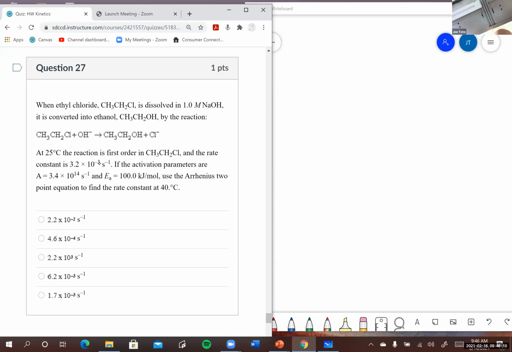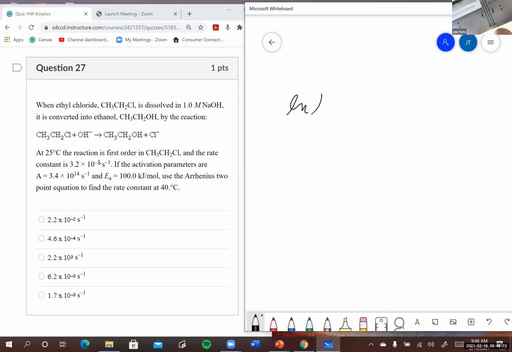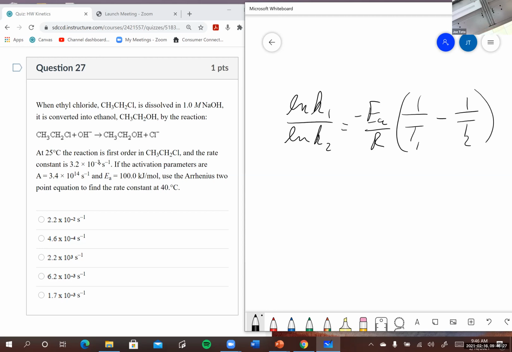So over here, I'm just going to write that down. And let's see if I could just write on that equation the values that they're giving me. So at 25 degrees, I have a rate constant. I'll call that pair the first one.